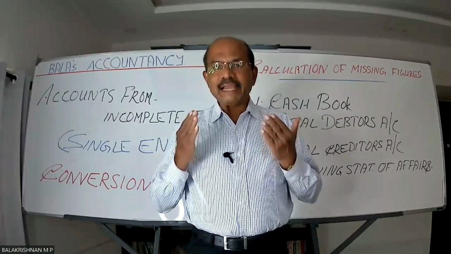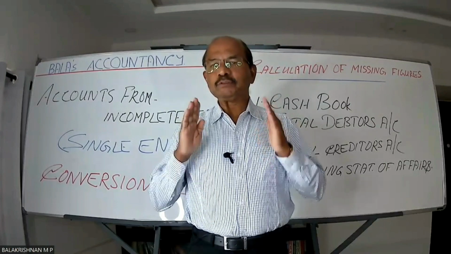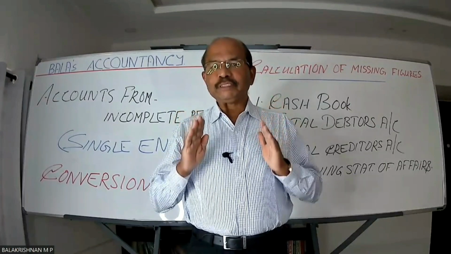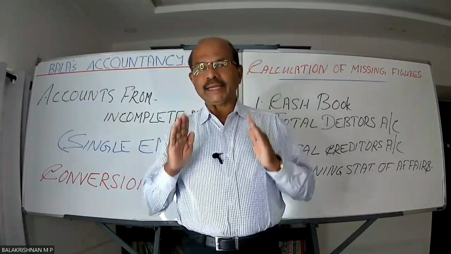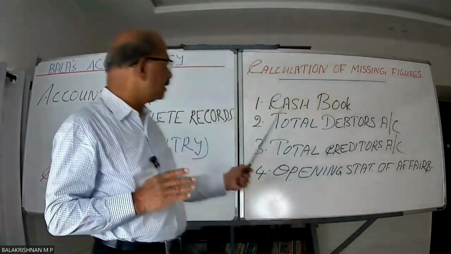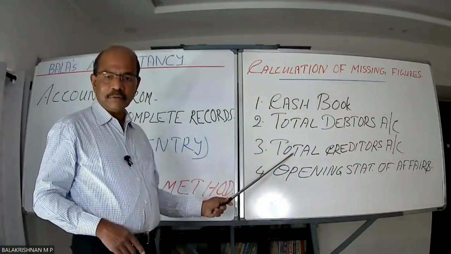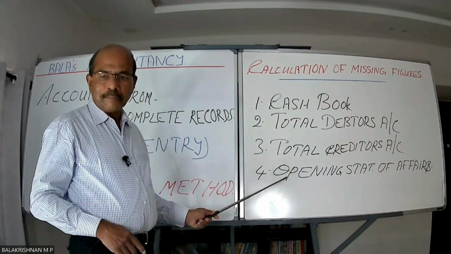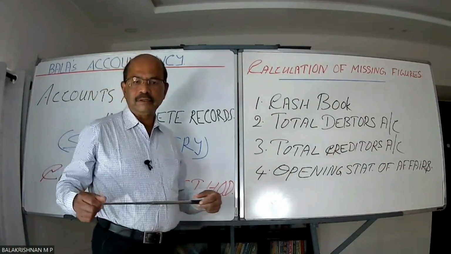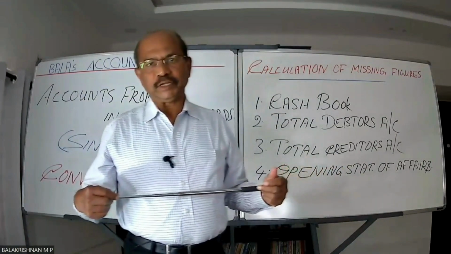And as such, a student is supposed to be very familiar with those usual items which appear in the debit and credit side of various ledger accounts, such as cash book, total debtors account, total creditors account, and opening statement of affairs. In normal cases, these 4 items should suffice your requirement.